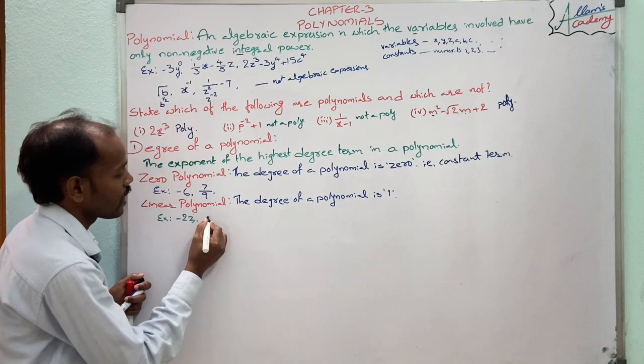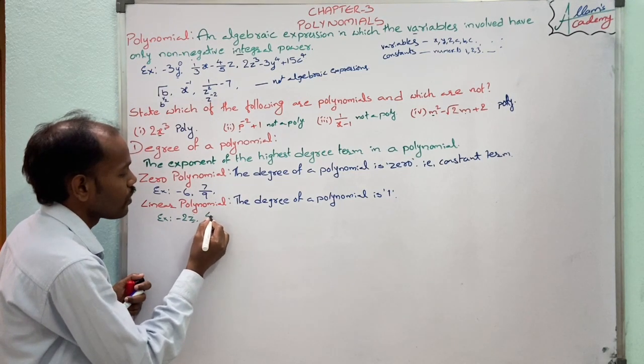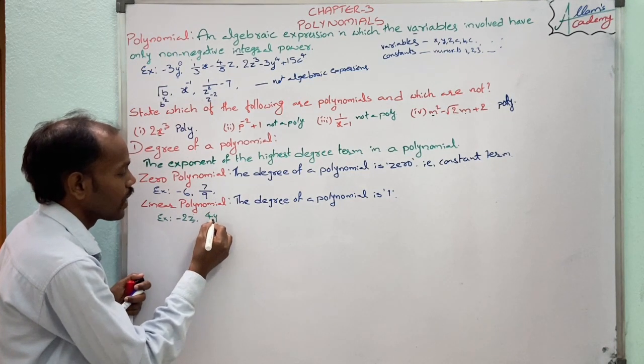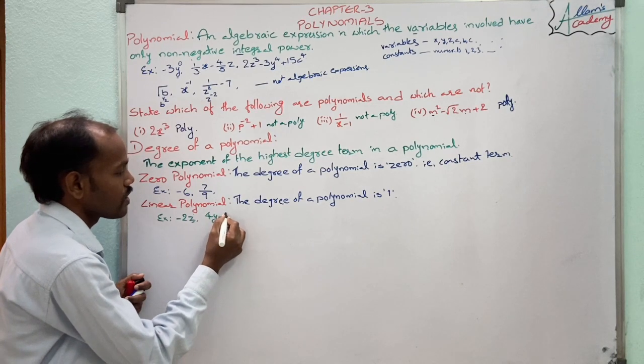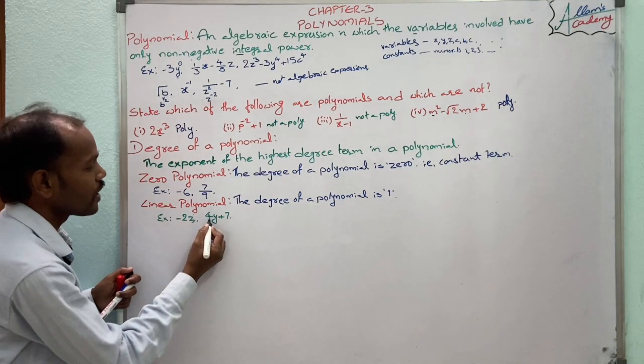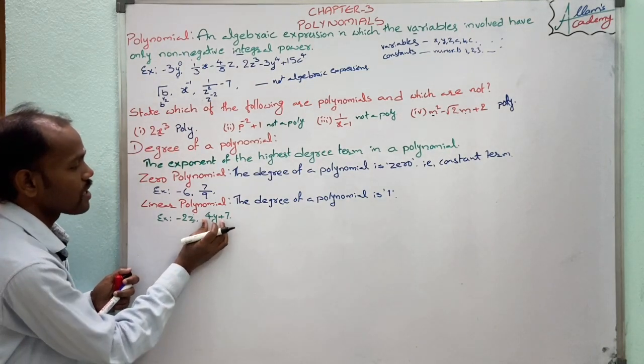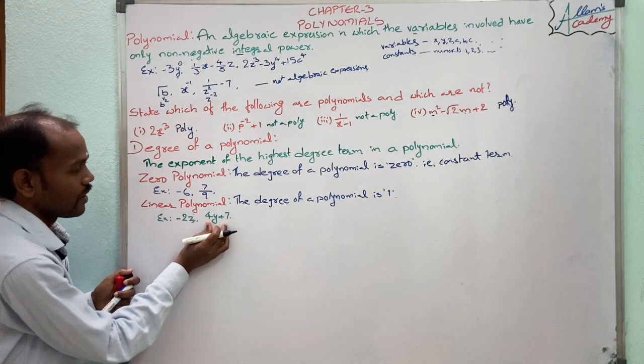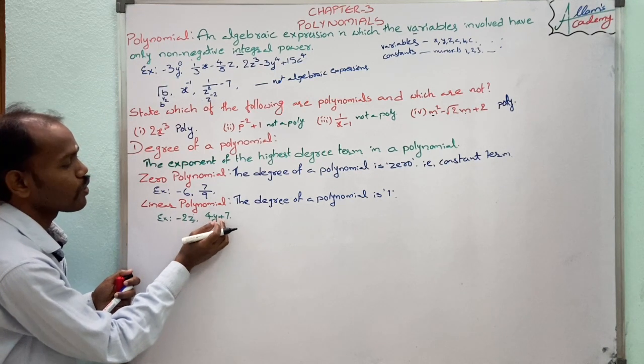So another example, 4y plus 7. Now in this polynomial it has two terms.